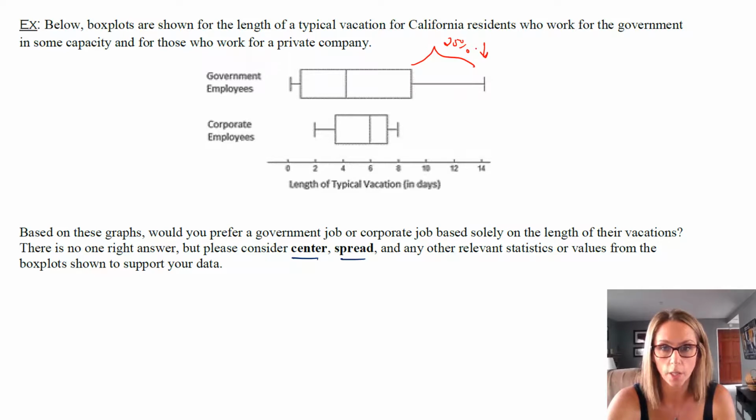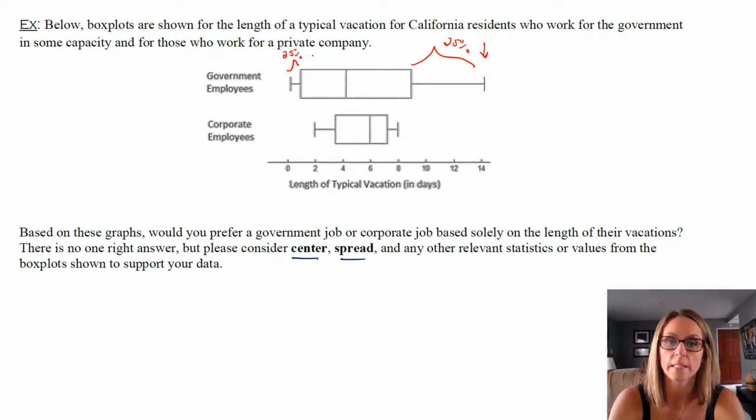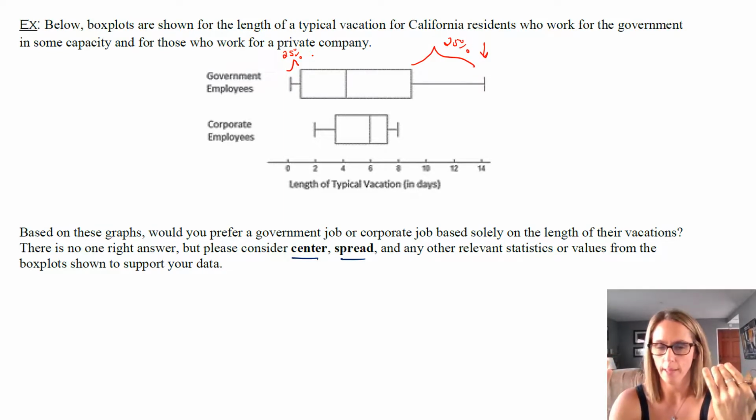I mean, that's pretty good when you think about the fact that the corporate employees don't have any. However, you want to think about as well that 25% of the governmental employees have between 0 and 1 days of vacation, which is almost nothing. So it's kind of a higher risk there.